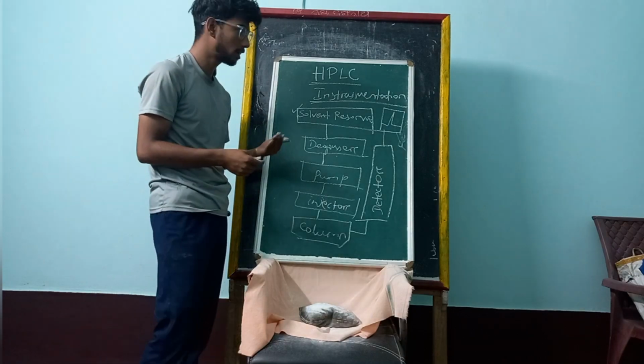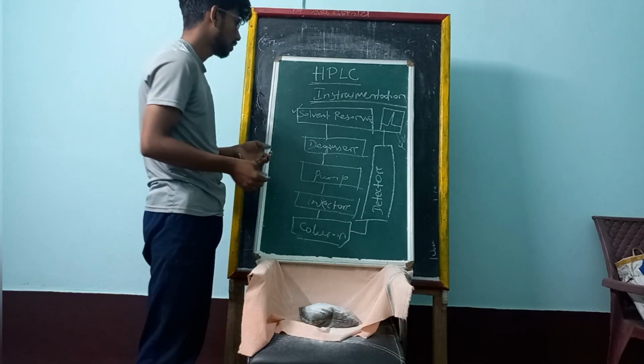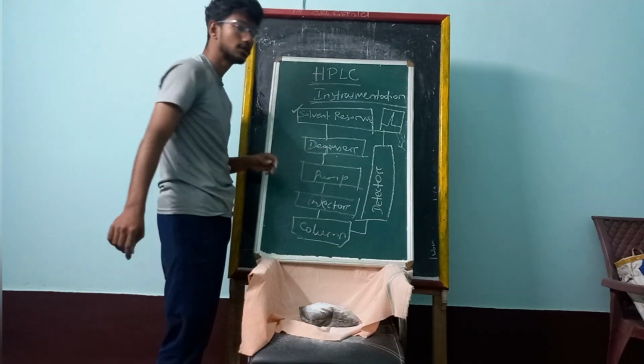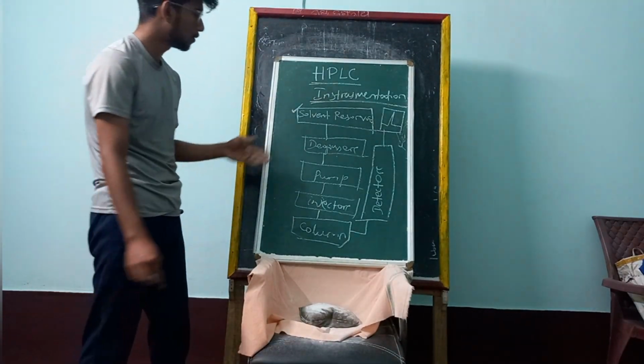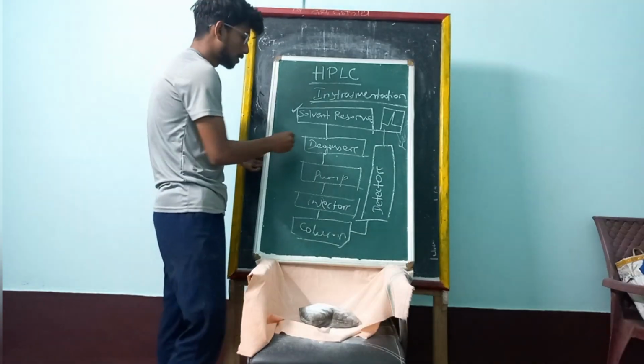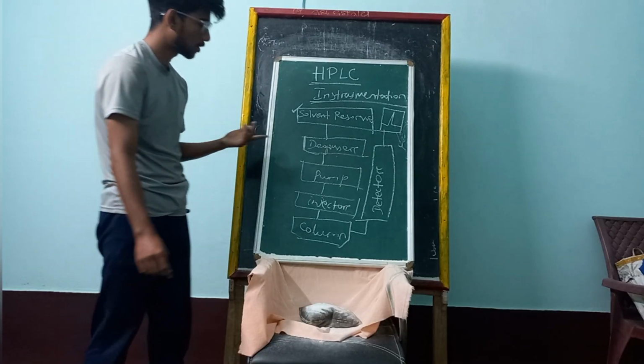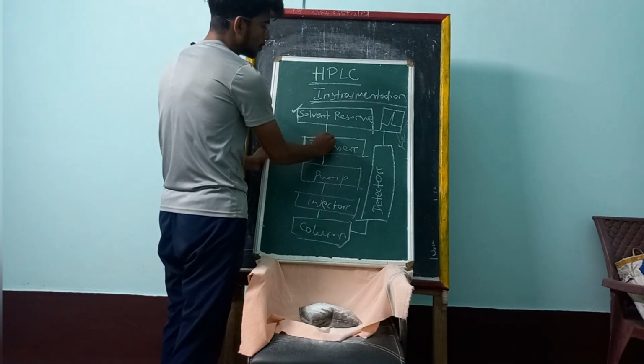The solvents may be organic or inorganic. The organic solvents mostly used are acetonitrile, HPLC grade water and HPLC grade methanol, and these are very costly solvents. The degasser removes trapped air bubbles from the solvent, because trapped air bubbles may affect the HPLC inside the column. So it is good to remove them through the degasser.